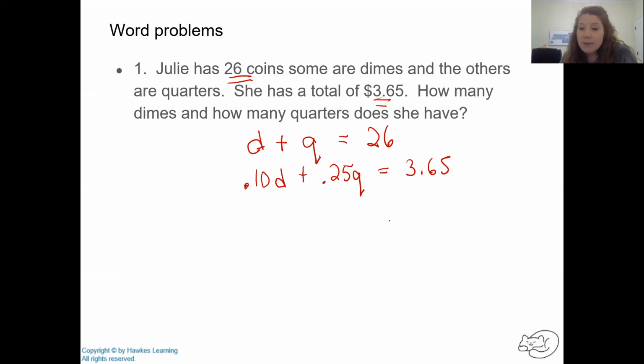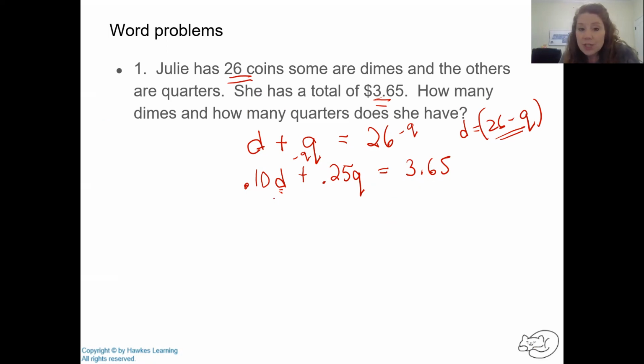So this is my system of equations. I'm going to take that top equation and solve for D. So I'm going to subtract Q from both sides. So D is equal to 26 minus Q. So now I'm going to substitute this for D in this equation on the bottom.